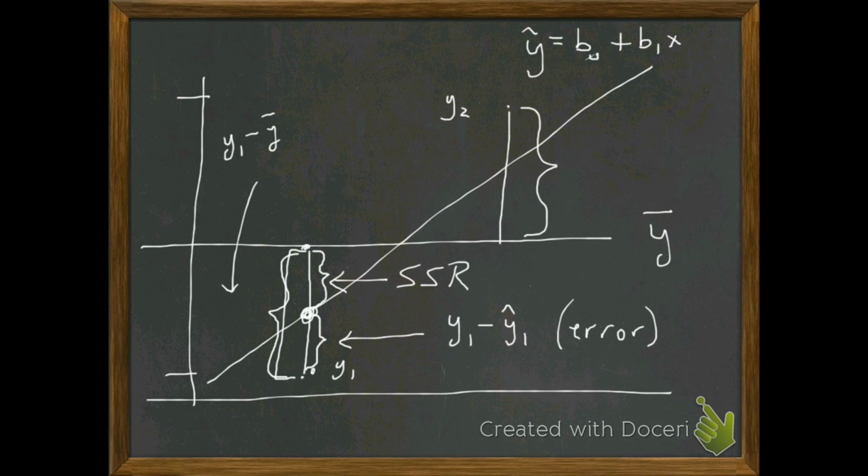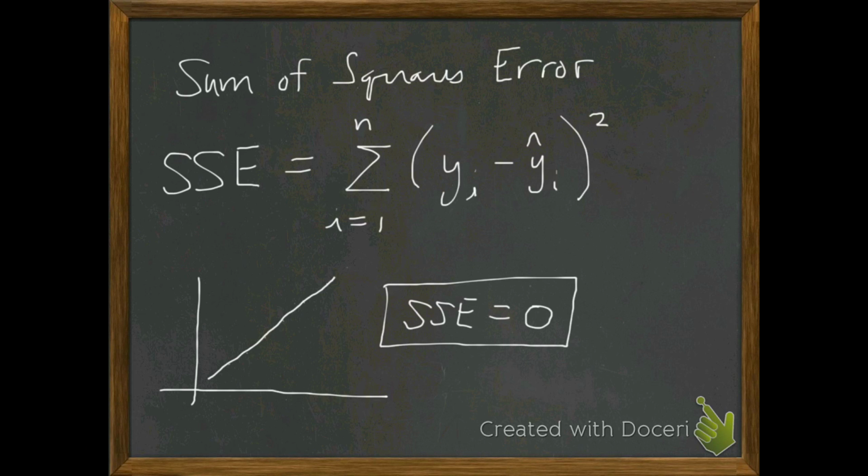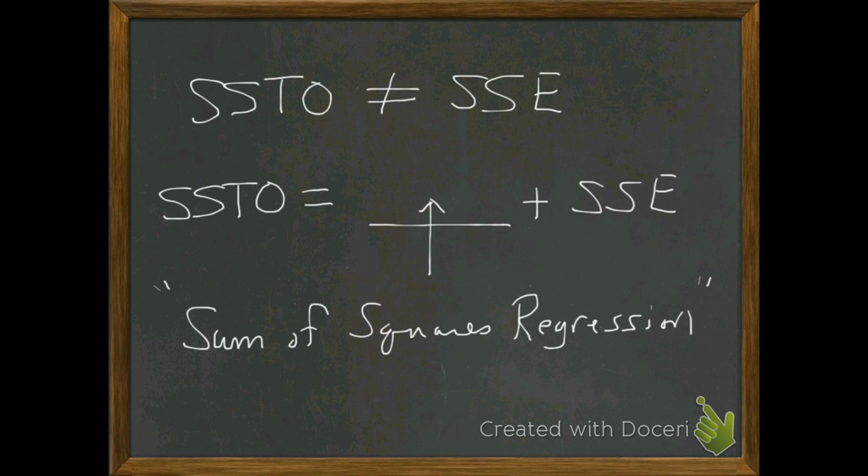Examining this point right here and this point right here, we can see that the sum of squares is just the difference between our predicted value and our mean value. So let's put that into notation. So we're examining the difference between each predicted value and the mean.